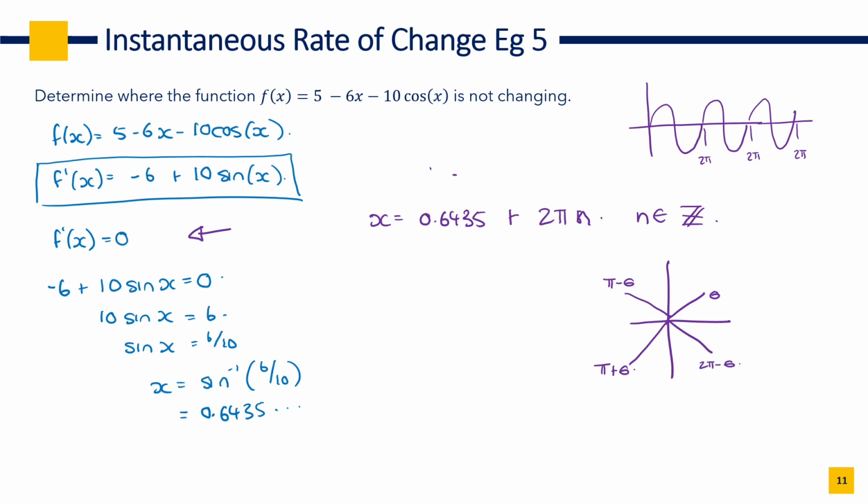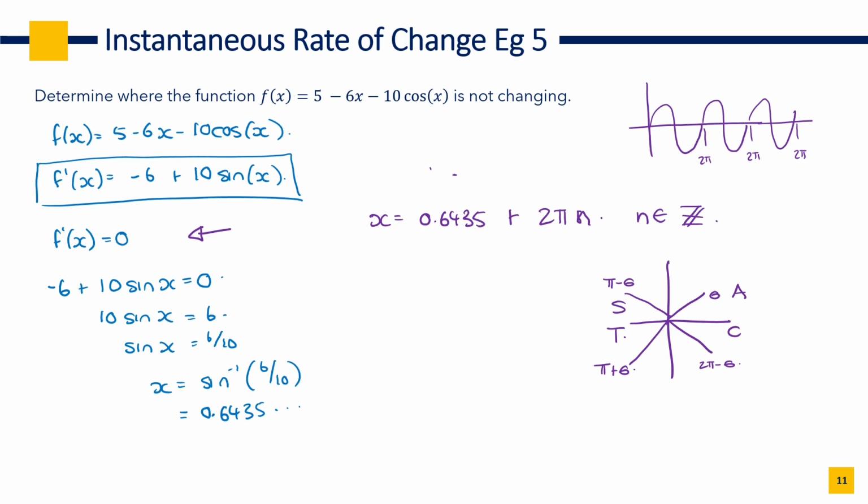So you have your CAST diagram that you need to consider, and that tells you which ones are positive in which area. Again, it's to do with the whole repetition situation that sine, cos, and tan have.